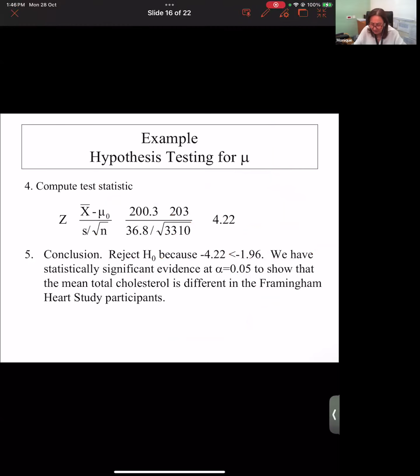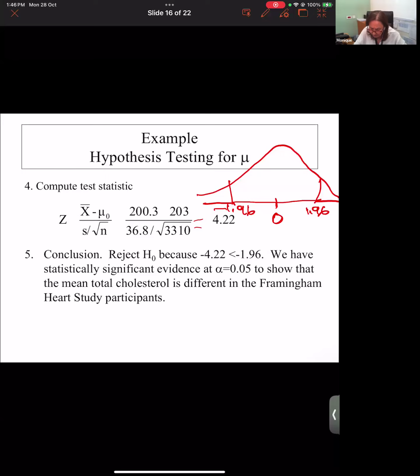So compute the test statistic. Okay, let's see again. Now we're at the Z. Z is 0. My rejection areas are beyond minus 1.96 and plus 1.96. How much was the value? 200.3 minus 203 gives minus 4.22.